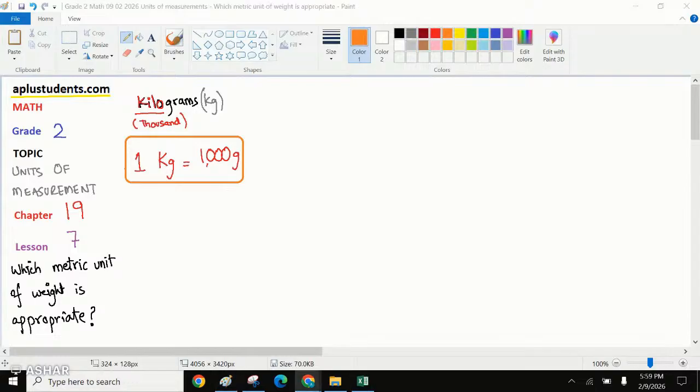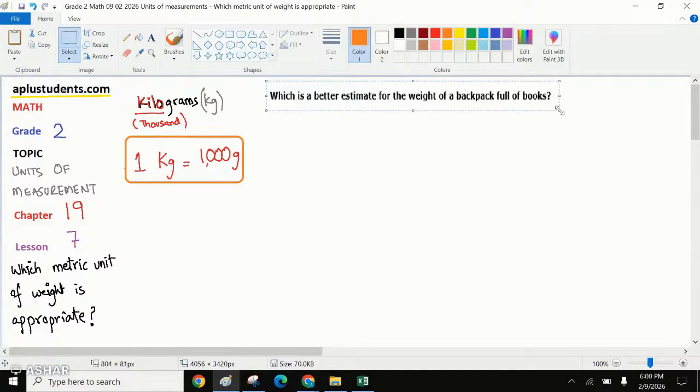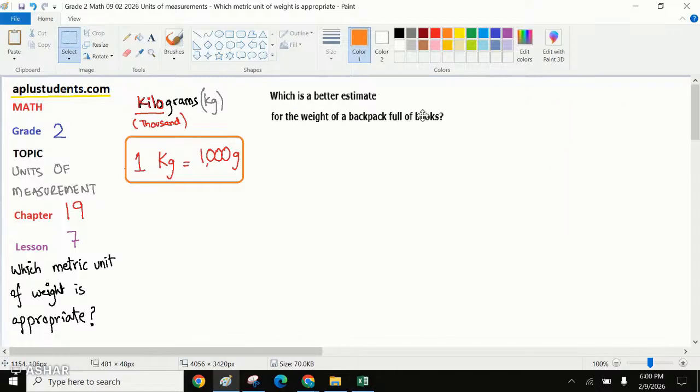The question we have, they have given us different scenarios in which we need to see which is a better measure. Which is the best estimate for the weight of a backpack full of books?